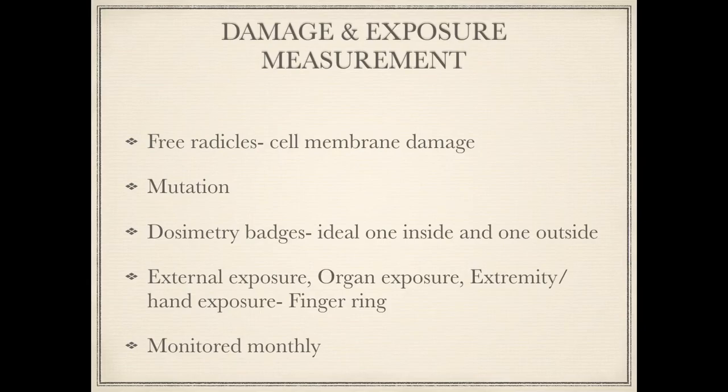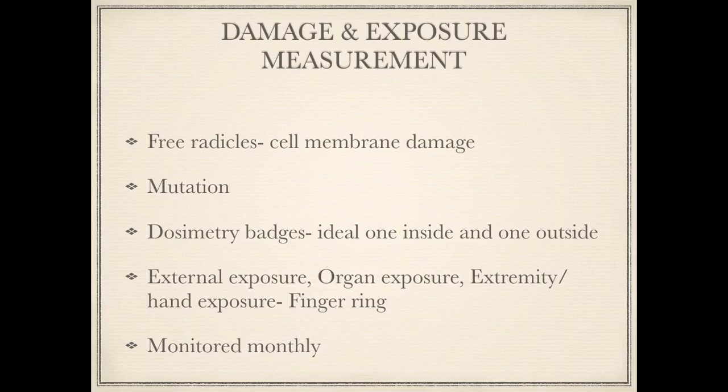Now, just moving on to the last bit, the damage which is caused by the radiation is via the generation of free radicals, which can damage the cell membranes, and also via mutation. To measure this exposure, we use badges, and I'm often asked where is the best place to wear the badge. Is it under the lead cover or outside the lead cover or lead apron?